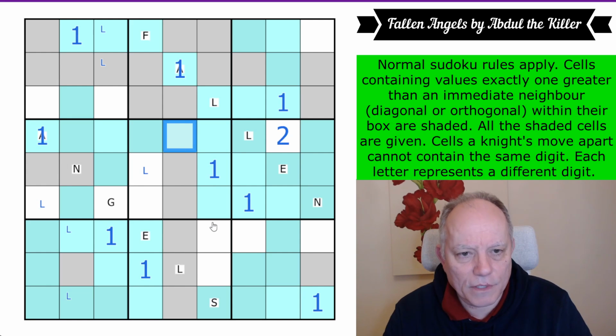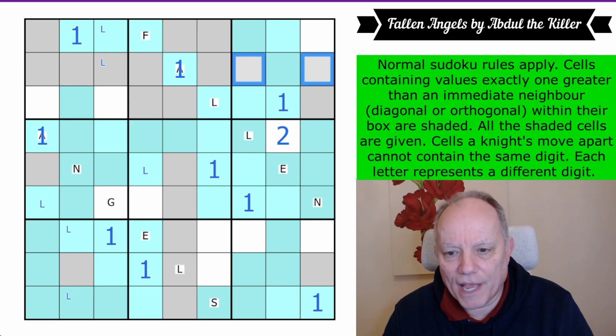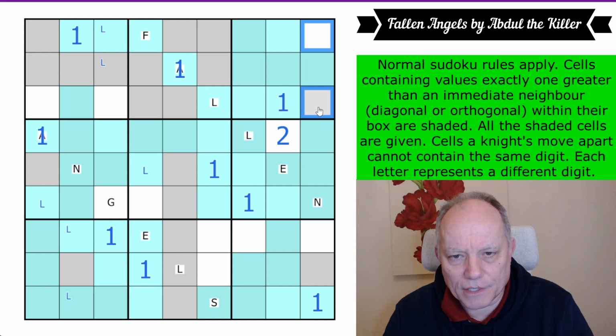Sorry, that's the cell I was aiming at. N is not 2 because it's not 2 over here. L and G. Oh, G might be 2. L isn't. And that's a definite L. That's a definite L. 2 by knight's move from there sees those cells. And now one of these 2 is a 2.